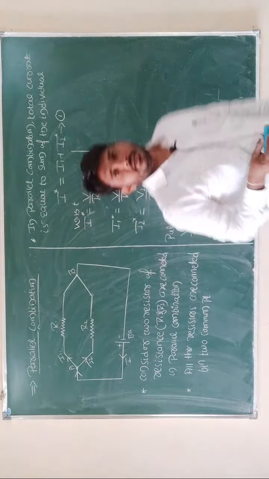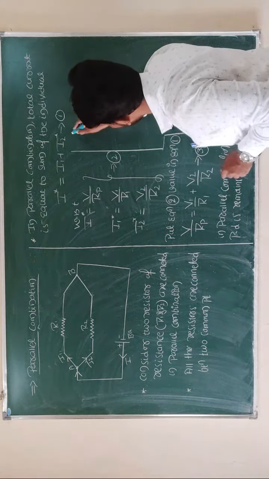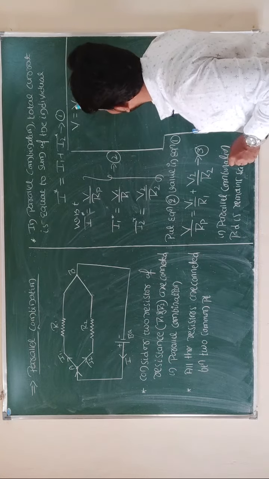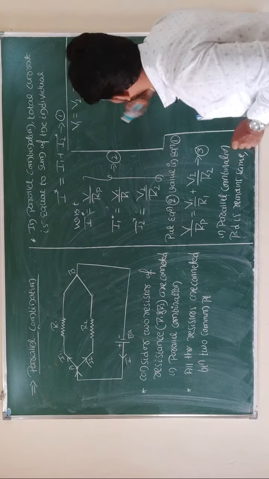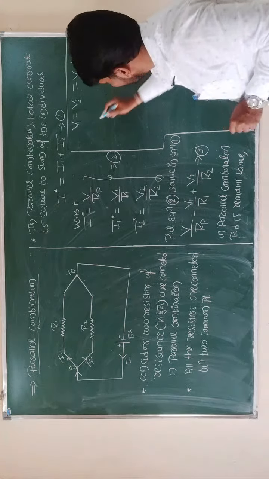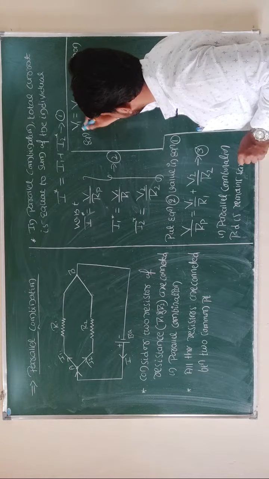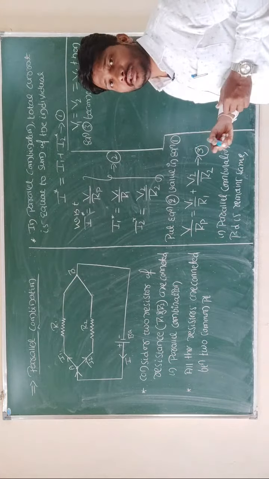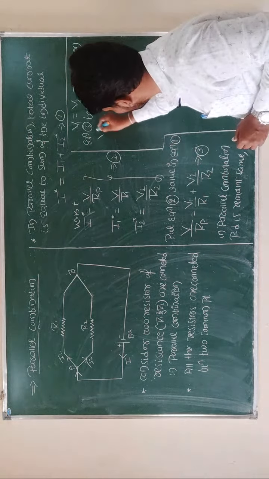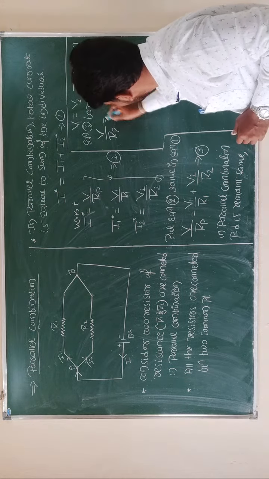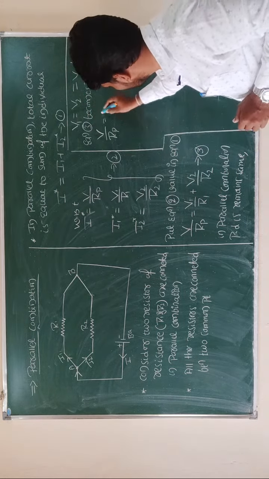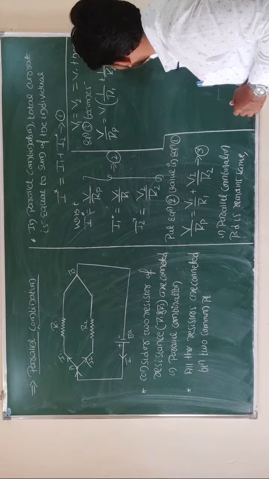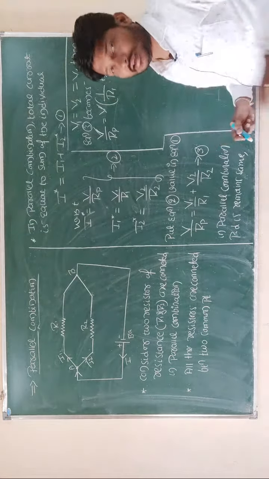If the potential difference value remains the same, then V1 equals V2 equals V, and equation 3 becomes V divided by Rp equals V times (1 by R1 plus 1 by R2). Here the V term gets canceled out.